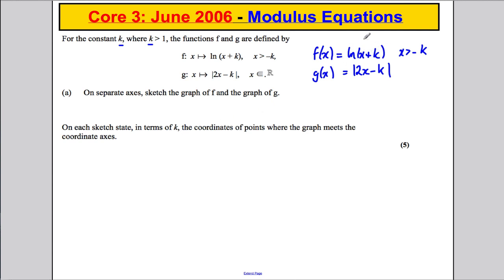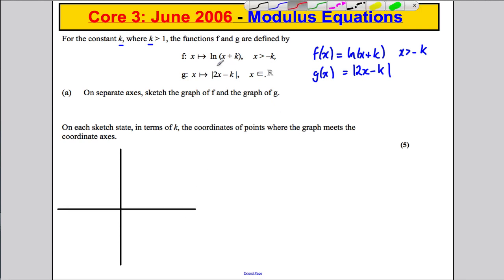Let's first of all do the easy one, f of x. Normally, a normal ln graph looks something like this, and it crosses here at the point (1, 0). So that's a normal y equals ln x graph.